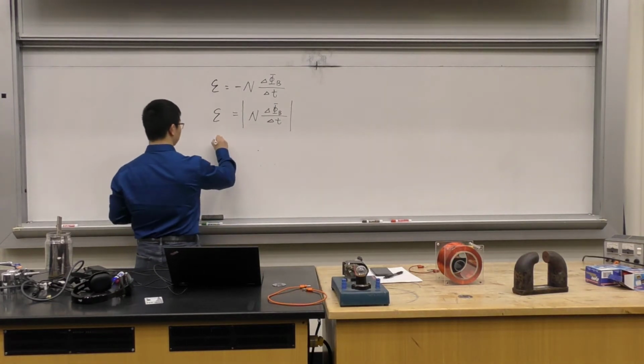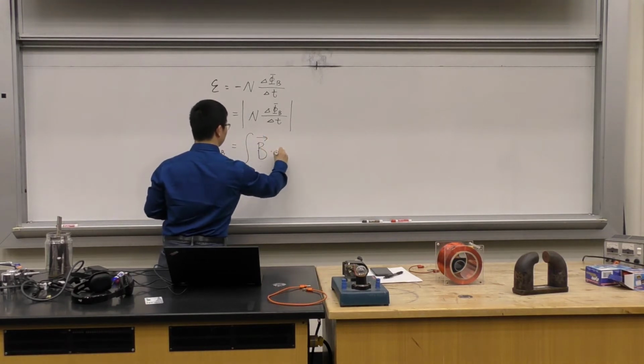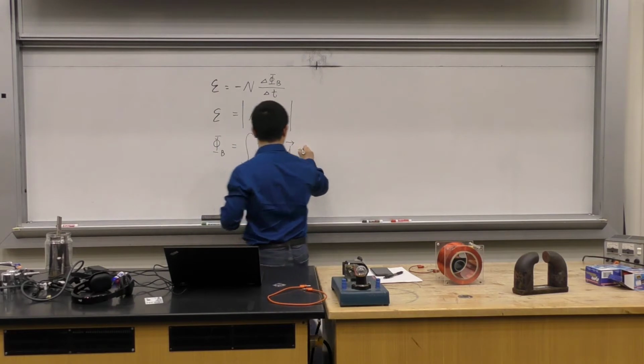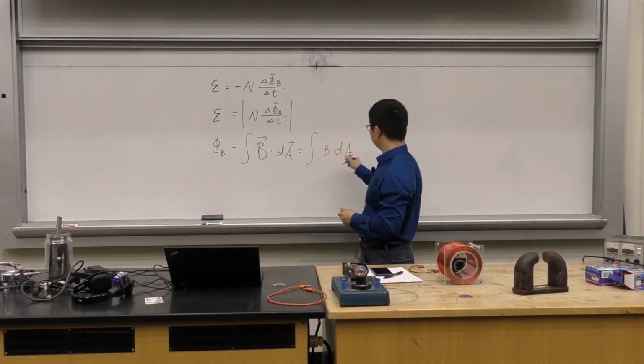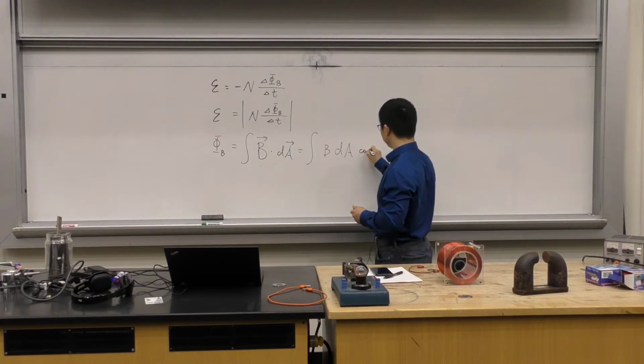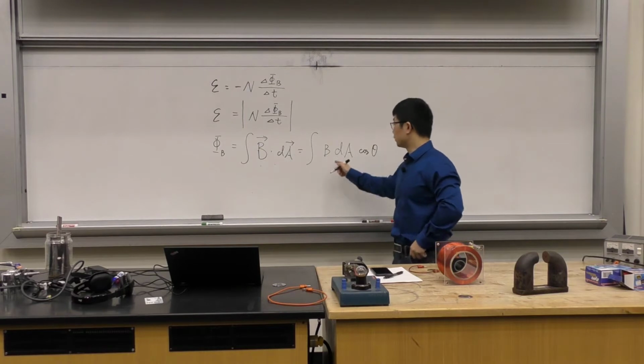The flux is defined as B dot dA, and there are three parameters here: the magnetic field, the area, and the angle theta between them.